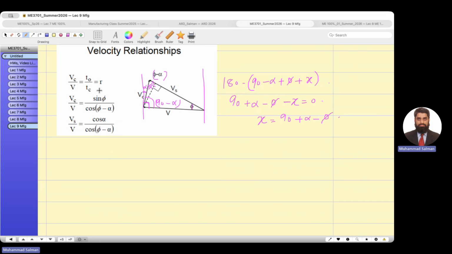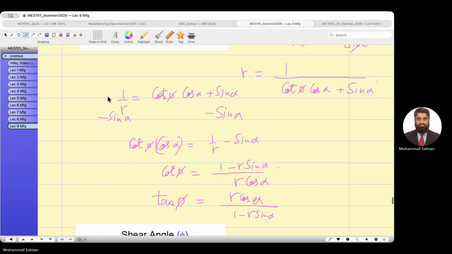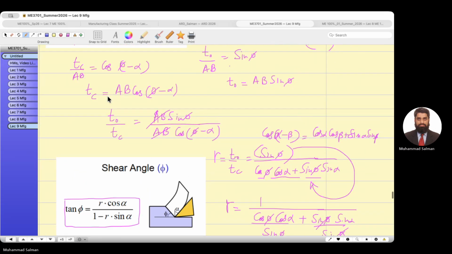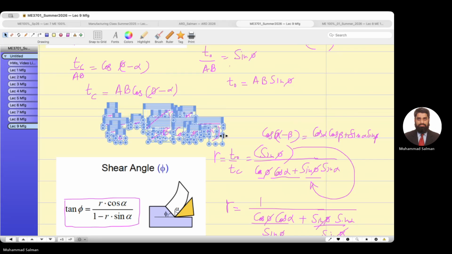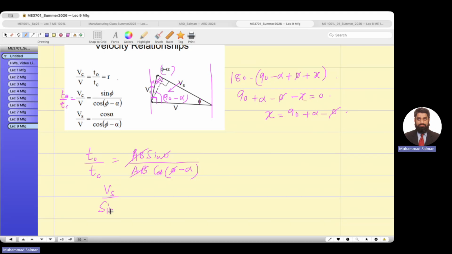Remember I showed you earlier that this ratio, yes, this ratio, the chip thickness times the velocity, and then Vs over, you remember, is opposite side. You remember sine opposite angle.